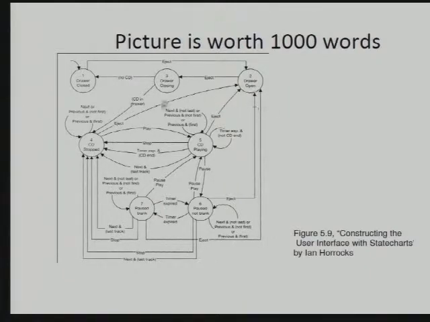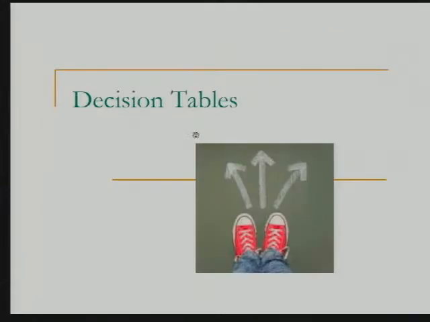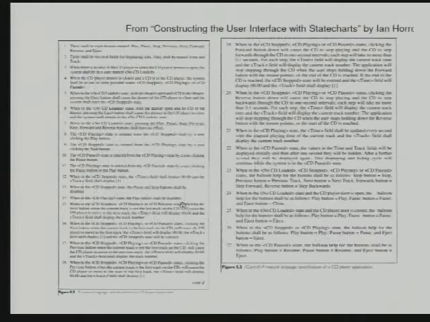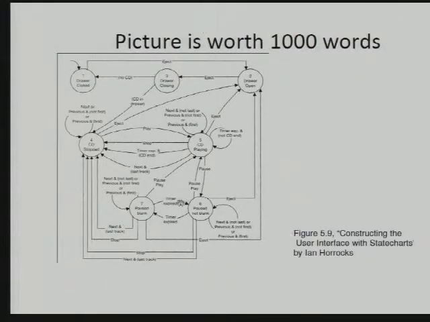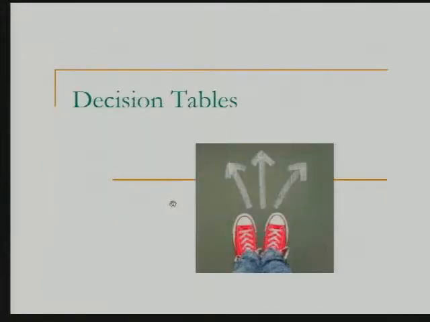So it's just to show you how sometimes a picture is literally worth 1,000 words. Okay, so that's it on state machines. I've talked you through some examples, including the Coke machine, and if you have any other questions on this, just let me know. Let's move on to decision tables.